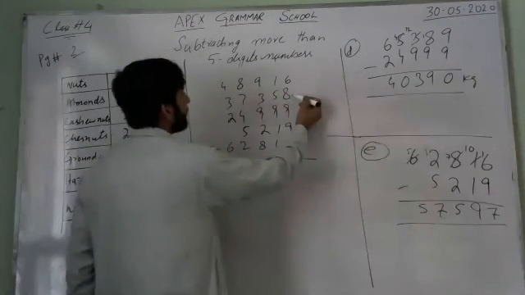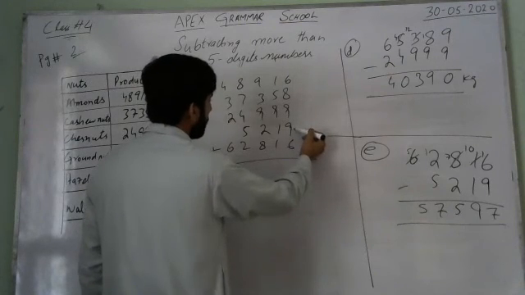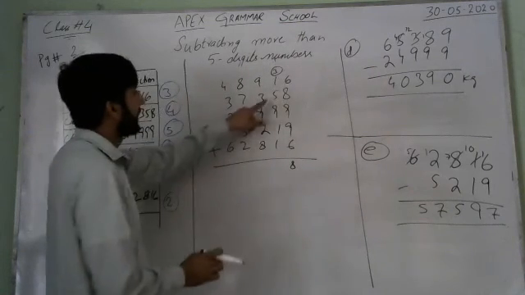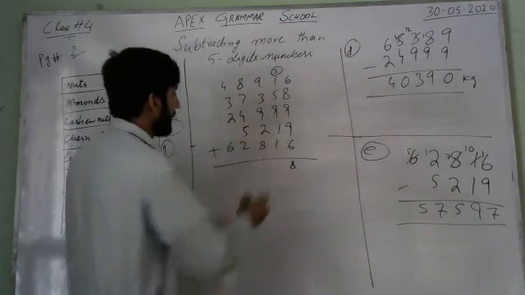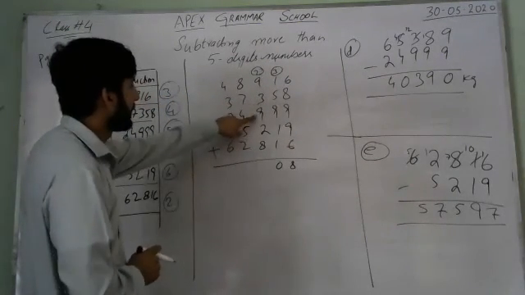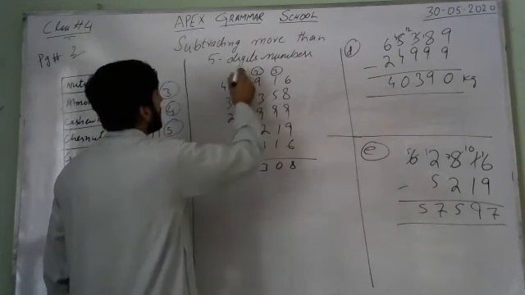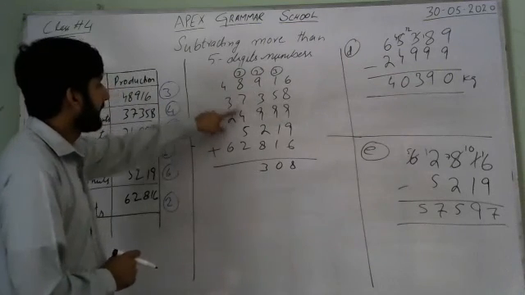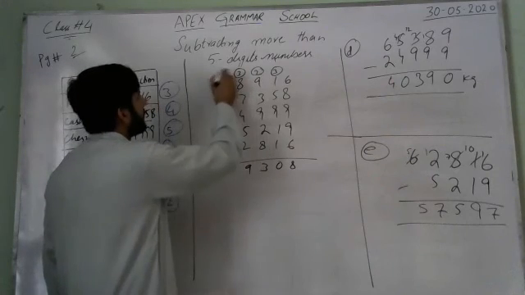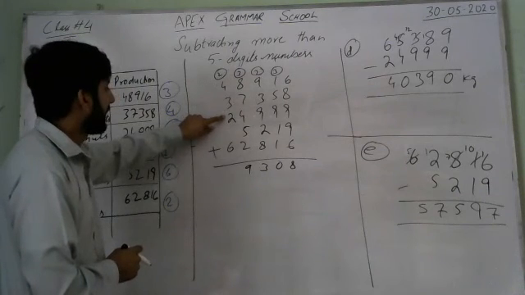Now 6 and 8, 14; 14 and 9, 23; 23 and 9, 32; 32 and 6, 38. 3 carry, 3 plus 1, 4; 4 plus 5, 9; 9 plus 9, 18; 18 and 2, 20; 2 carry. 9 to 11; 11 and 3, 14; 14 and 9, 23; 23 and 2, 25; 25 and 8, 33. 8 and 3, 11; 11 and 7, 18; 18 plus 4, 22; 22 plus 5, 27; 27 plus 2, 29. 4 plus 2, 6; 6 plus 3, 9; 9 plus 2, 11; 11 and 6, 17.